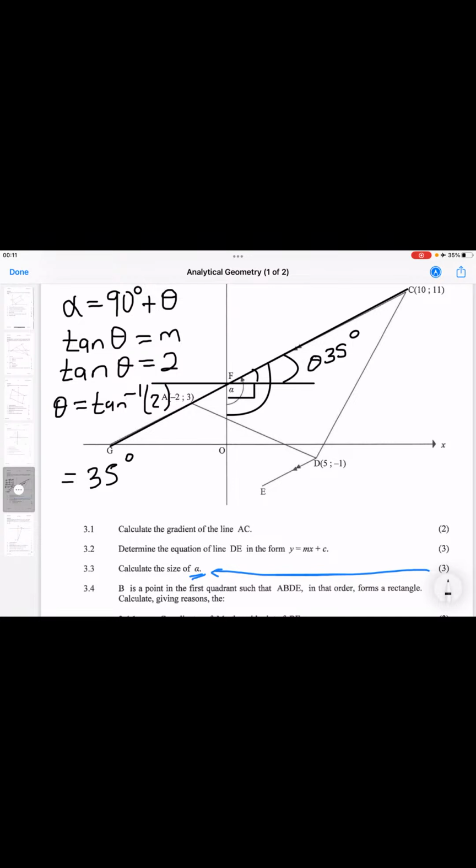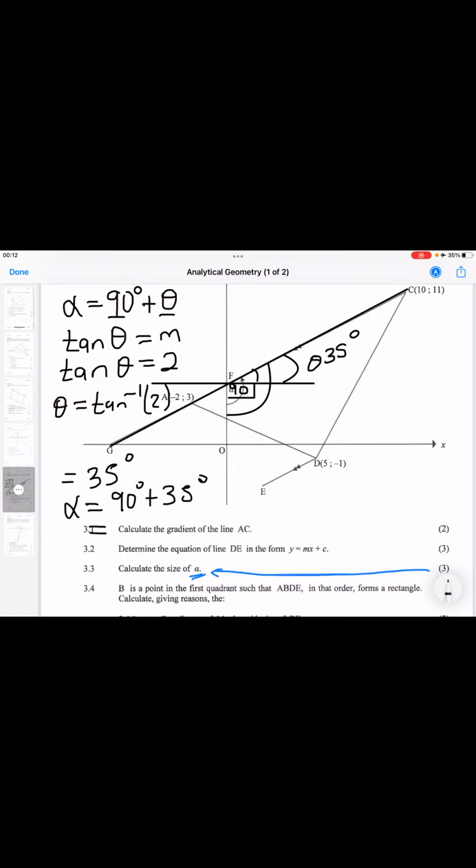Obviously, that one there is 90. So that's why I said 90 plus that angle of inclination will be the total angle alpha. So that means now alpha is going to be 90 degrees plus that angle that I assumed to be 35.